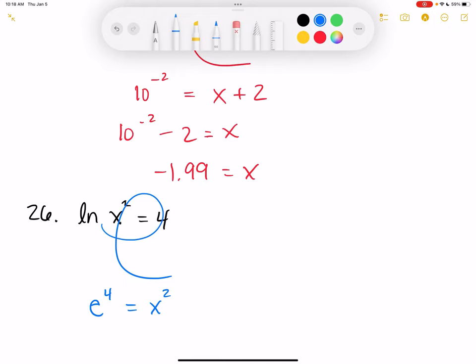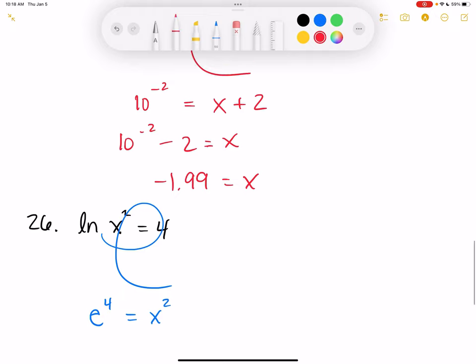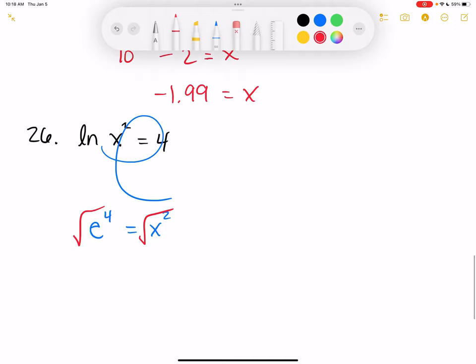Now what? Take the square root of both sides. And what I have to do when I do that, plus and minus. Bingo. So plus or minus. What is the square root of e to the 4th? E to the second. Two.